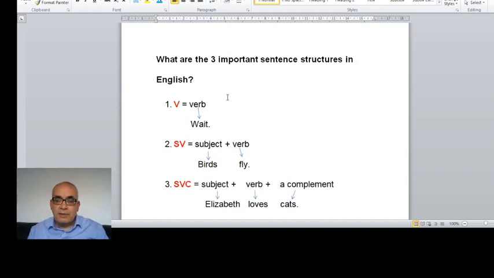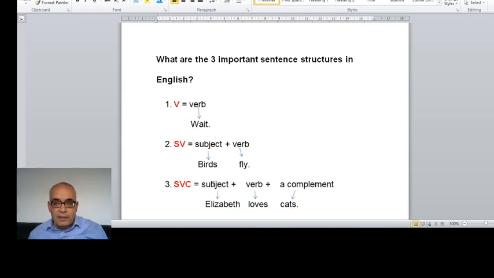Wait is a sentence. And you can have SV, subject and verb. So birds, this is the subject. Fly is the verb. So birds fly, this is a sentence. We have a subject, we have a verb, and then full stop. Number 3, SVC, subject, Elizabeth, verb, loves, a complement, cats.